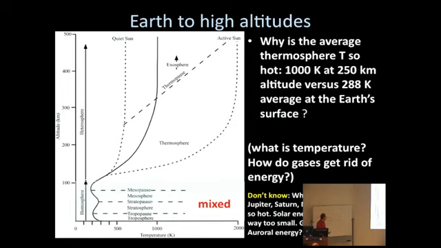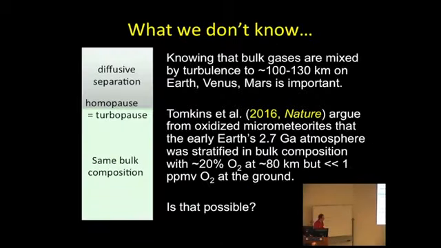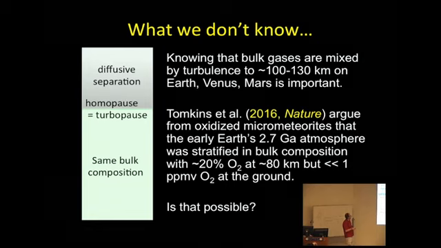And it's useful to know that you have this kind of mixing up to 100 kilometers on Mars, Venus, and the Earth, because sometimes you run across papers like this one in Nature, which argued that the ancient Earth's atmosphere was stratified in bulk composition, with about 20% oxygen at 80 kilometers and less than, through other constraints, a part per million at the ground.